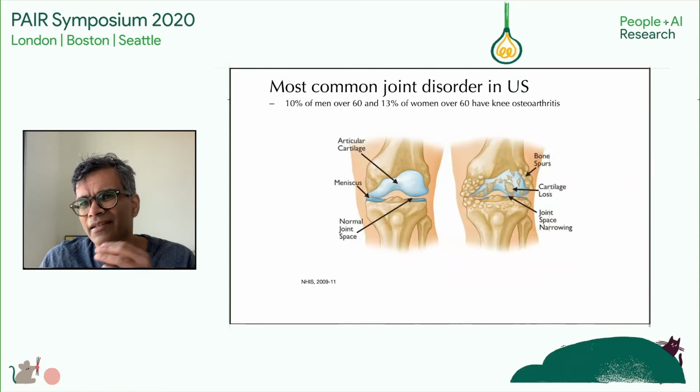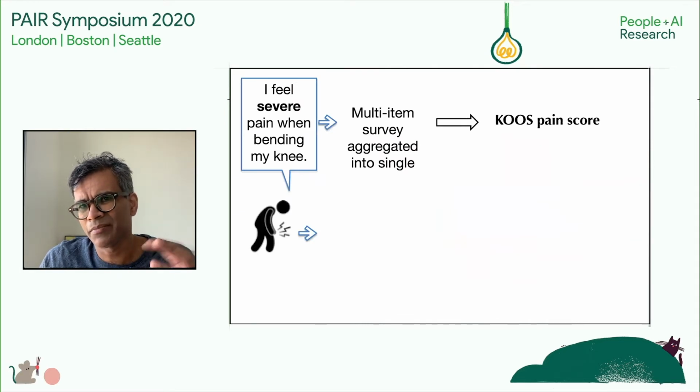Now, the story I want to tell about the pain is this. Here's how we measure it. We ask people suffering from osteoarthritis, tell us on a scale how much pain you have, and there's an official pain scale, the KOOS pain score.